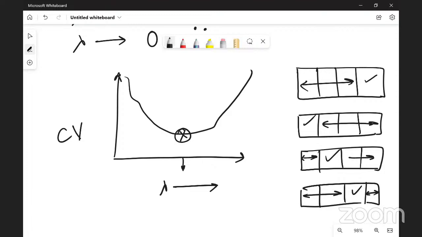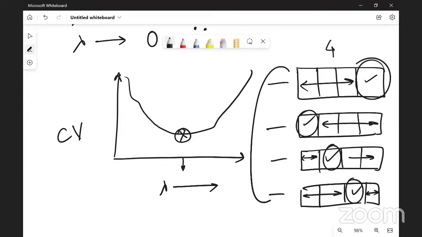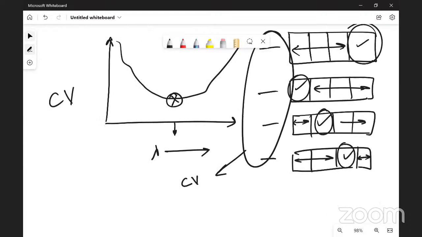We are going to repeat this procedure and compute the loss for all validation folds. Since we are doing four-way cross validation, we are going to get 4 values of loss for each lambda. We average these, and this becomes our cross validation score or cross validation loss.